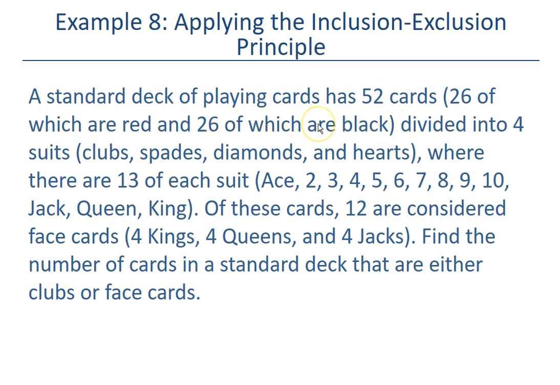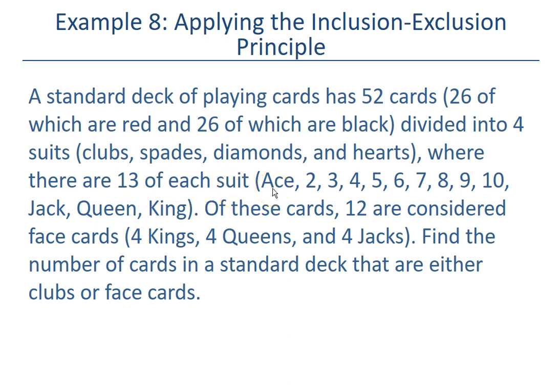Clubs and spades. Now they're divided into 4 suits. Remember, the clubs and spades are the black ones. Diamonds and hearts are the red ones. Where there are 13 different cards in each suit.